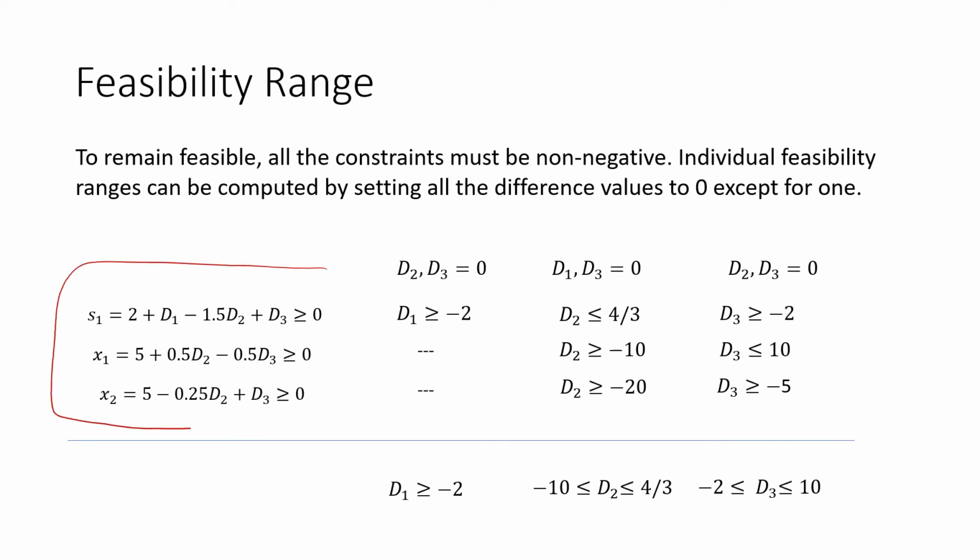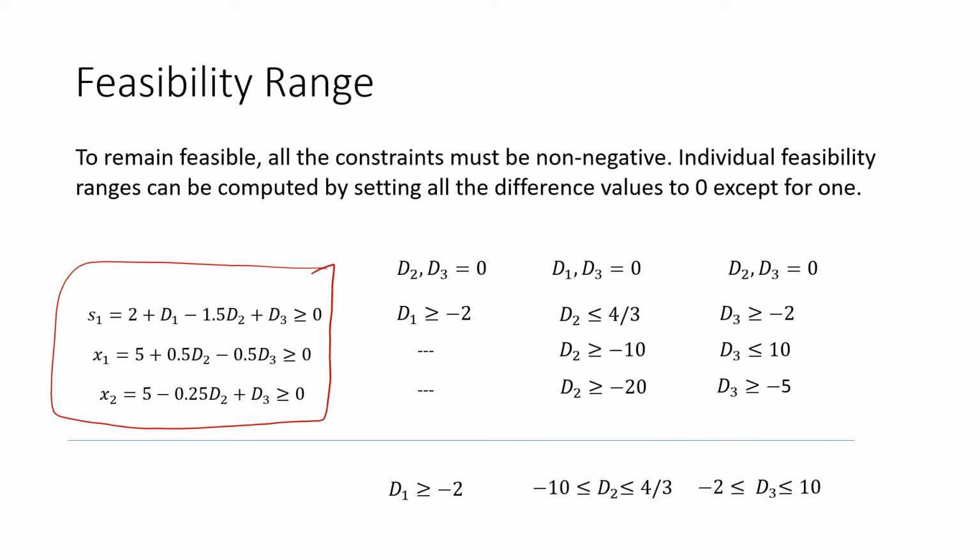Here are the 3 constraints. But remember, one of the things we have to do is all of our variables have to be positive. So that number on the right-hand side represented the value of S1, the value of X1, and the value of X2 at your optimum point.